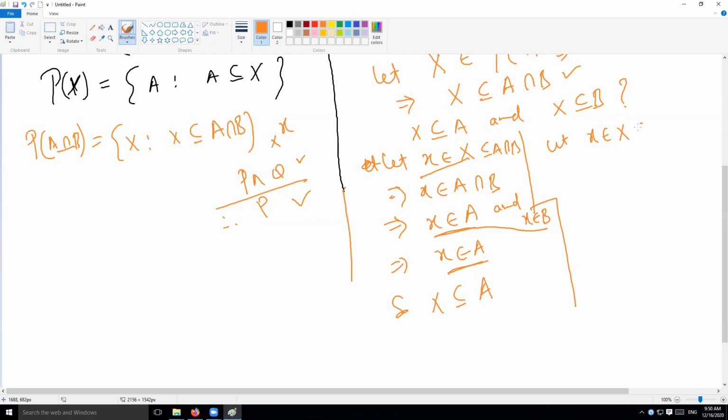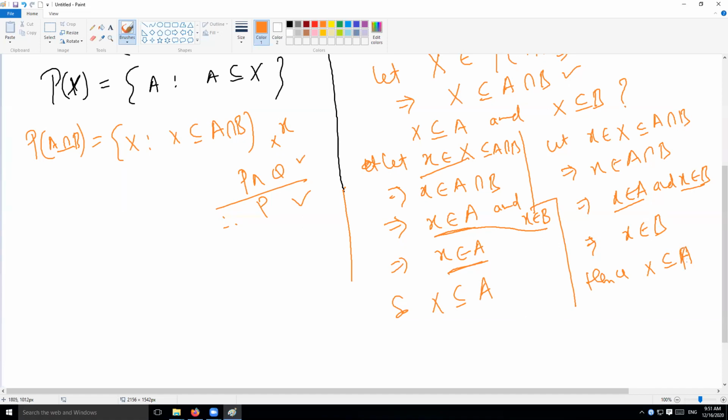Let x be in X, and I know that X is a subset of A intersection B. This means that x must be in A intersection B, and therefore x must be in A and x must be in B. From this I can deduce that x belongs to B because x is in both A and B. Hence, I deduce that X is a subset of B.